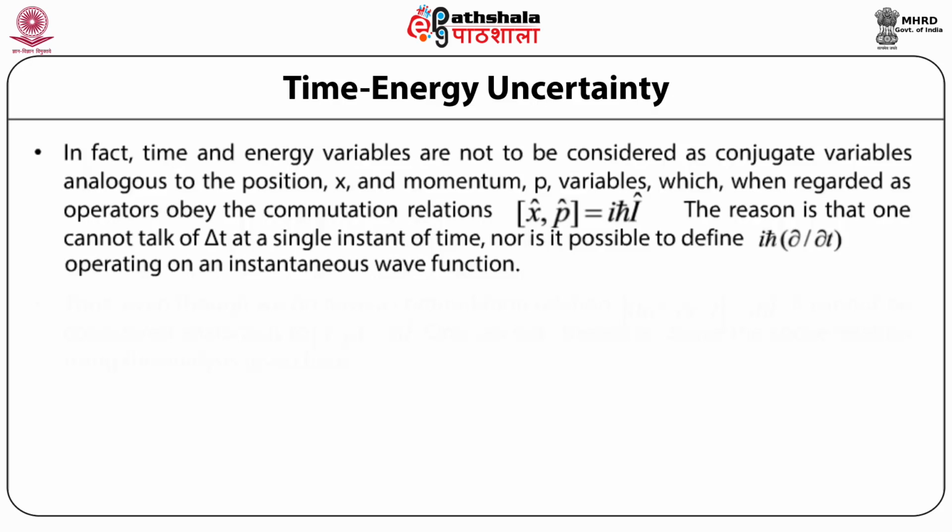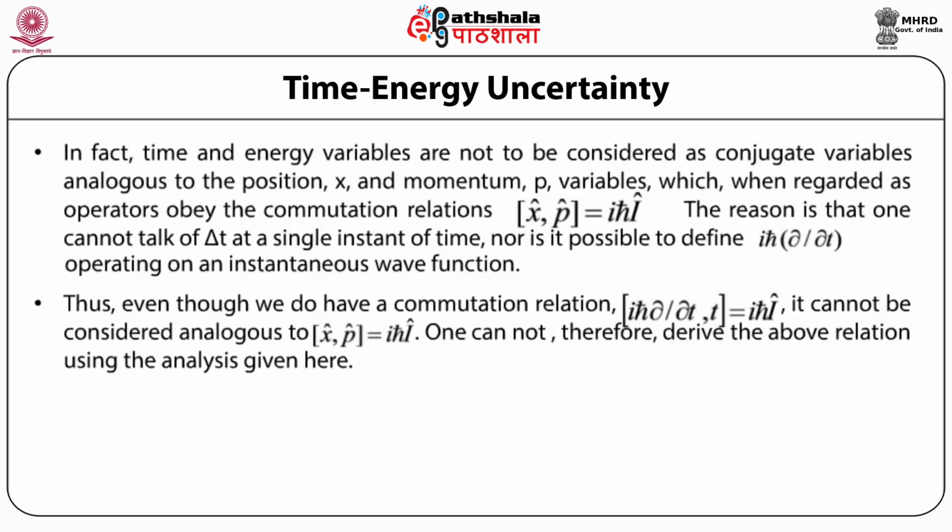And the reason why we cannot consider the time and the energy variables as analogous to the position and momentum variables is the fact that we cannot talk of delta t, that is the spread in t, at a given single instant of time, nor is it possible to define iota times h cross times partial derivative with respect to time operating on an instantaneous wave function.